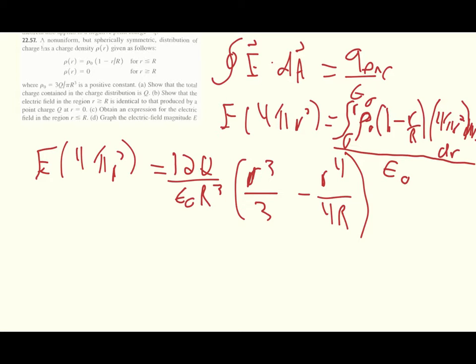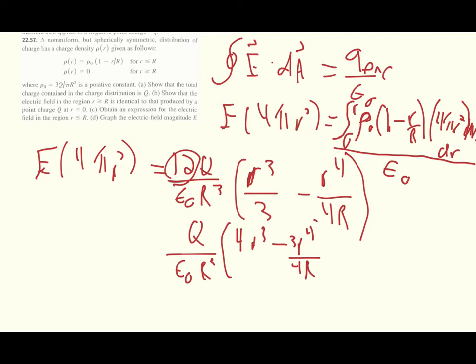First, I'm going to multiply everything by 12. This 12 here, I'm going to distribute to all the terms on the right hand side. So it's going to be Q over epsilon naught R cubed times (4 r cubed minus 3 r to the fourth over R).